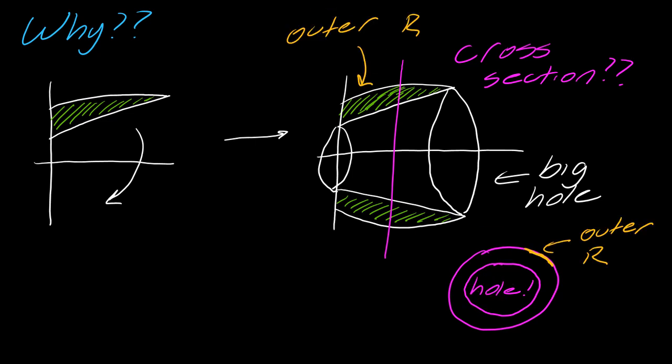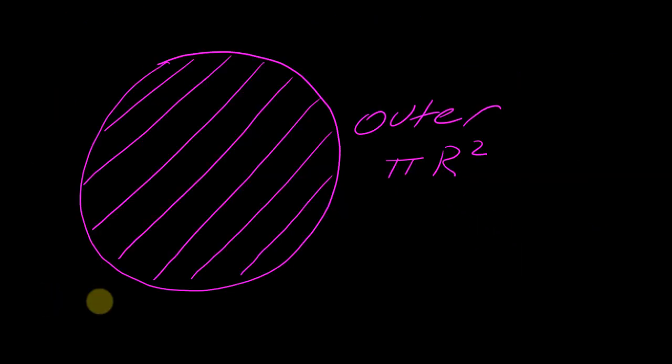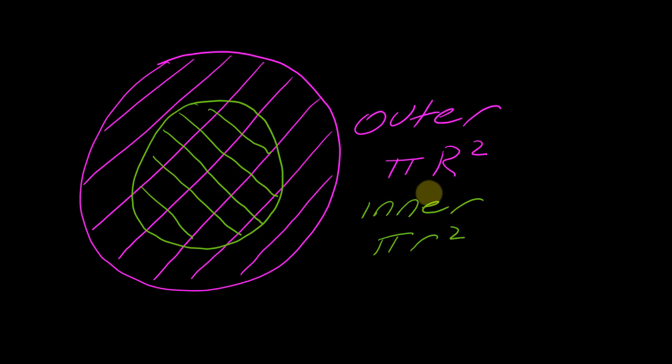The outer ring is this outer part here, and the inner part of the hole is defined by this part here. When I take the cross section by itself, it's just going to look like a circle with a hole in it. So why does this formula work? I have my outer circle, whose area is pi R squared, but then I subtract the area of the inner circle, which is pi little r squared.